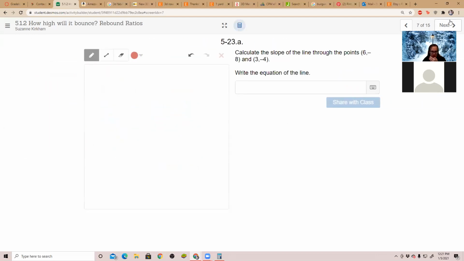Okay, page 7. Page 7 says, calculate the slope of the line through the points (6, -8) and (3, -4). So if you remember, to find the slope of a line, we just take the difference in the y's and the difference in the x's, and we put them over each other.